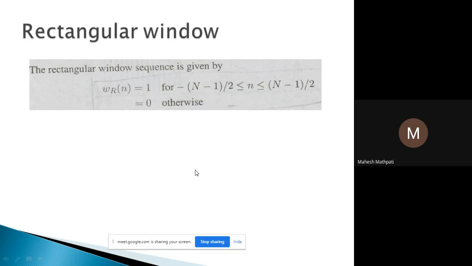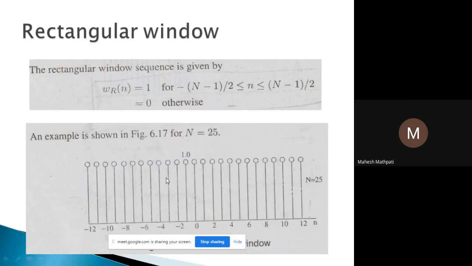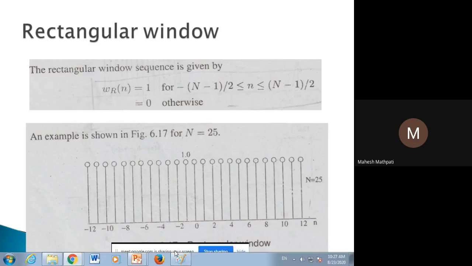So how will your signal look now? Getting my point? Note down this. First you write down the definition. Note down the rectangular window graph. Any question here?